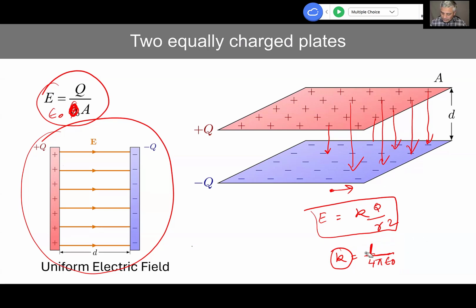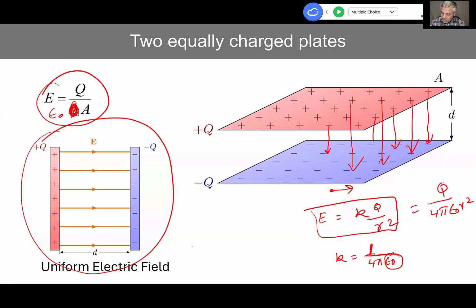And this is called the electric permittivity of free space. It's epsilon naught, and this is the fundamental one. Whenever we like, we can also write this equation as 4 pi epsilon naught and then r squared over here.